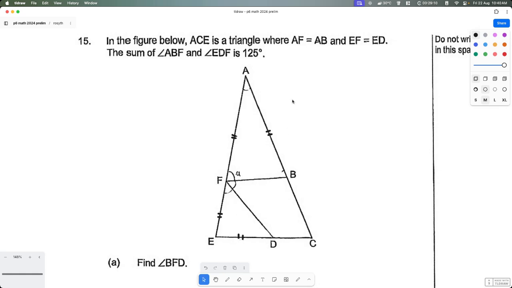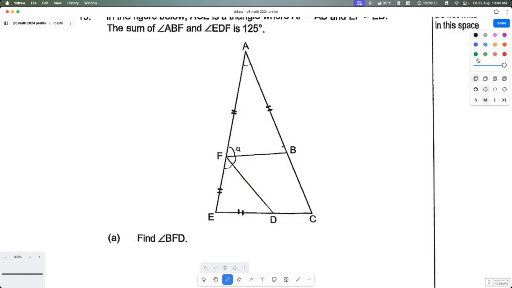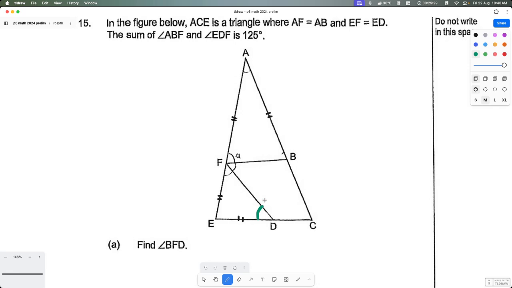The sum of angles ABF and EDF is 125. So angle EDF plus angle ABF is 125.